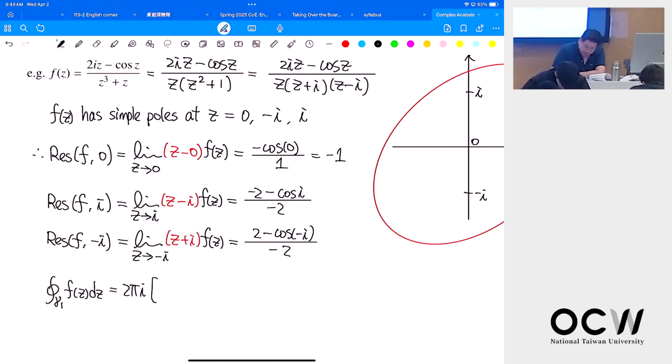Here I write the residue at 0, the residue at i, and also the residue at minus i.